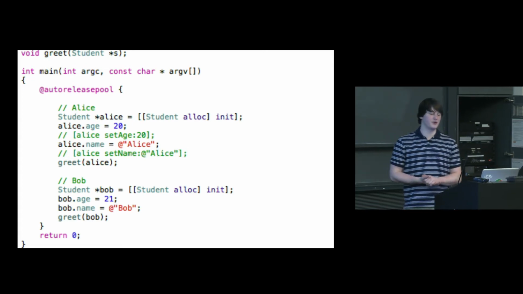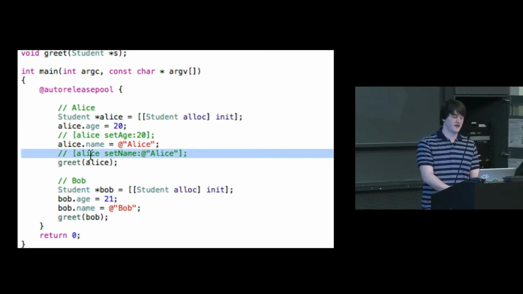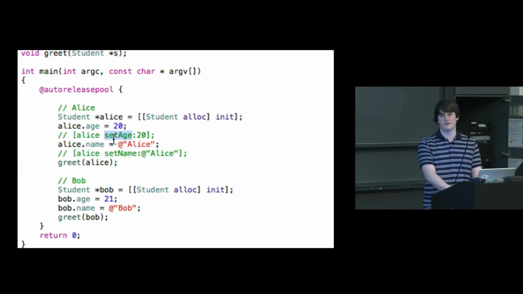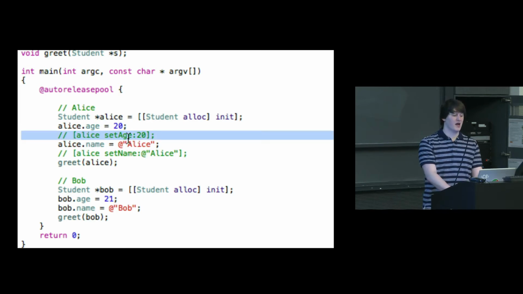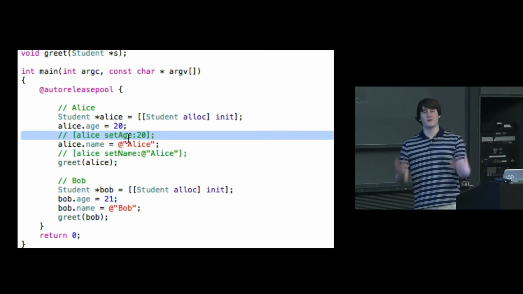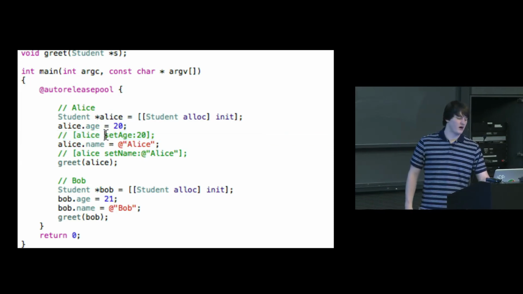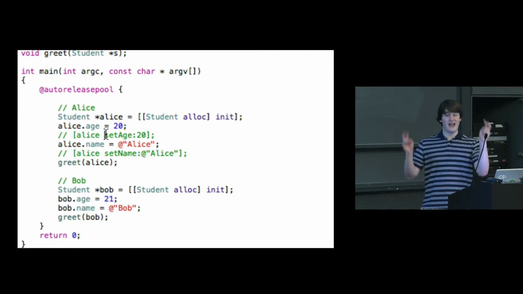It's allowed us to access and set instance variables using dot notation instead of having to go through the setName and setAge methods, or message passing. It's somewhat important, and yet at the same time not really that important, to remember that we are going through the overhead of a message pass.